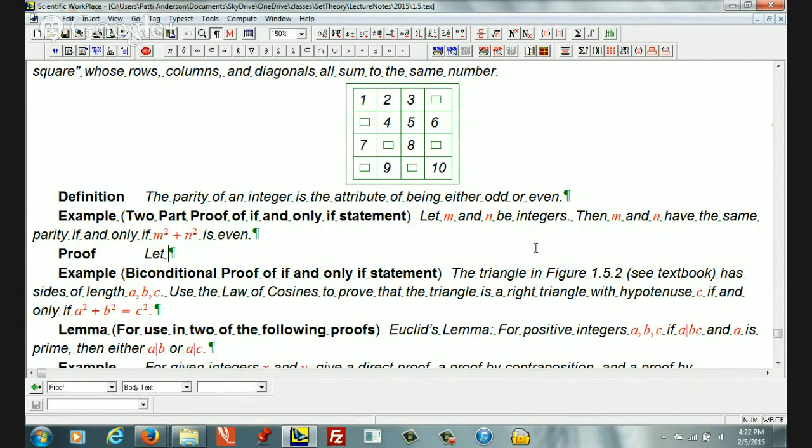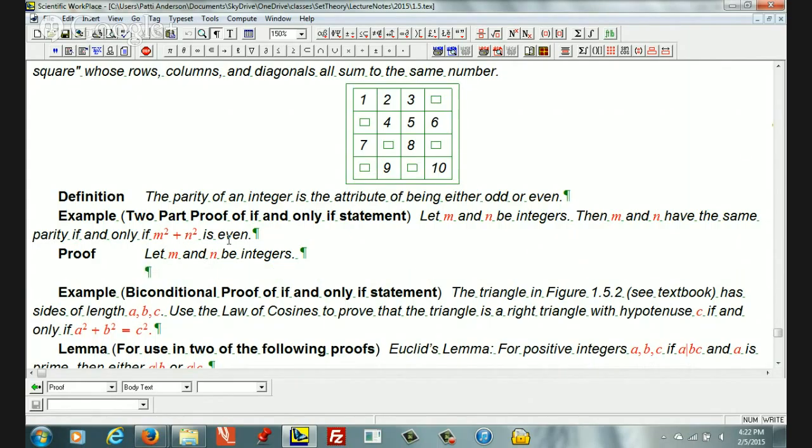Let m and n be integers. Okay. Now, we have to do this going two directions. It says m and n have the same parity if and only if m squared plus n squared is even. So what I like to do here is put the direction that I'm headed so that I know where I'm heading.